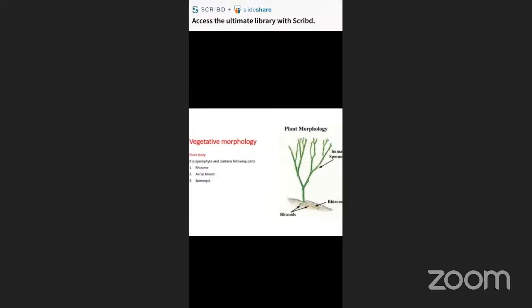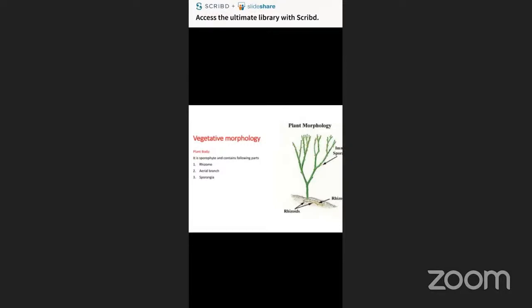The outer and middle cortex are parenchyma cells, the middle one being a starch storing region, and the inner cortex has dark brown pigments. It also has tannins and condensation, meaning oxidation, so it is very dark in color. That is why we can easily differentiate the outer cortex, middle cortex, and inner cortex.